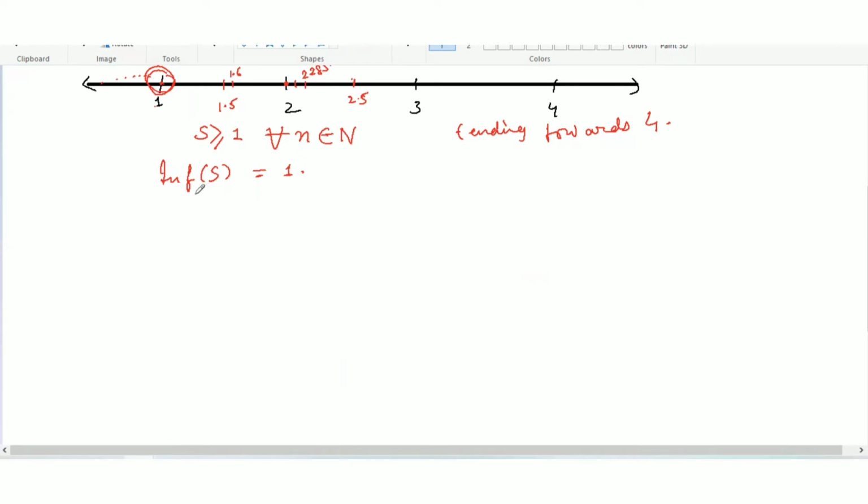This is also called the greatest lower bound, which means it is the smallest of all the elements in the set.